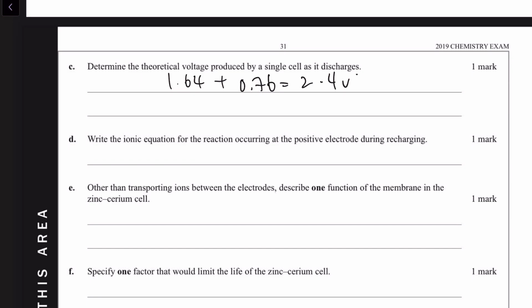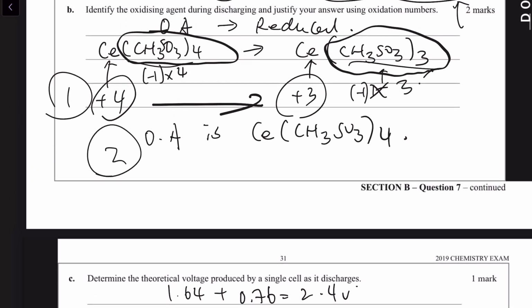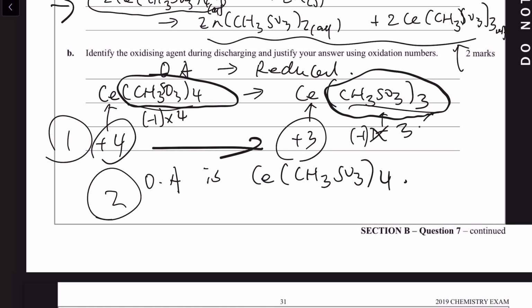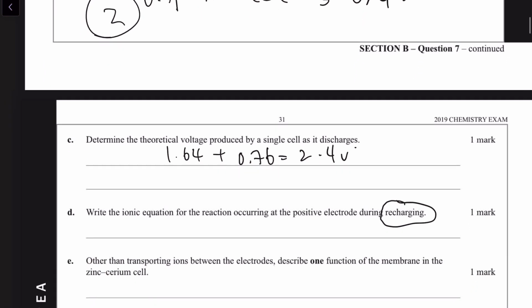And also, perhaps this is not the hard part of the question. The hard part is to read the question. It is asking during recharging. So we know during discharging it's going from +4 to +3, and it is gaining electrons. So when it is recharging, it should be oxidized.